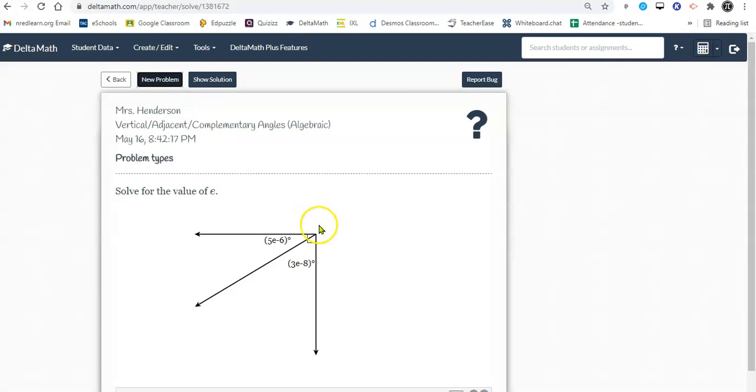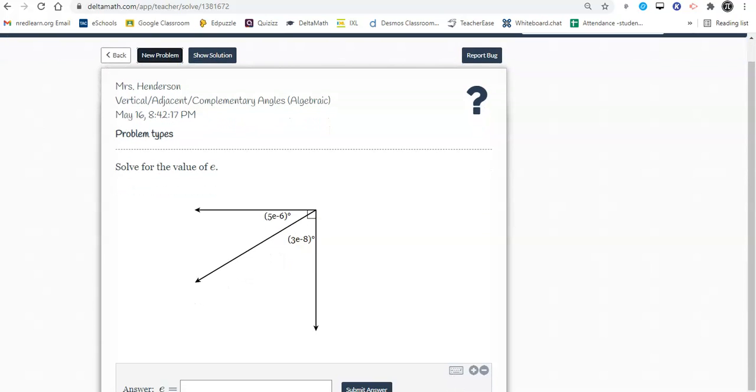Again, remember, you can have supplementary, which is what we did, or, like in this example, you can have complementary angles. These two angles make a 90-degree box. So that means that 5e minus 6 plus 3e minus 8, they all add up to 90 degrees.